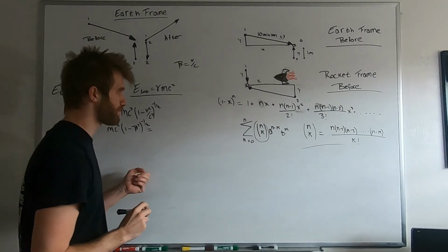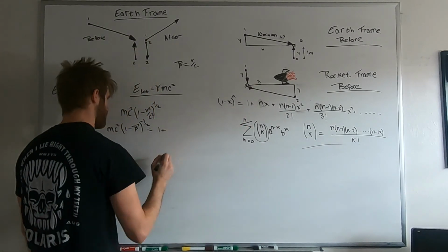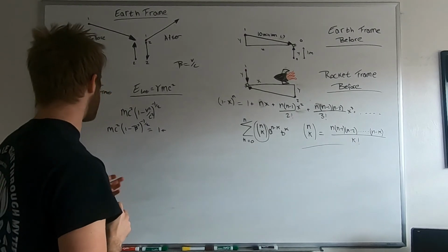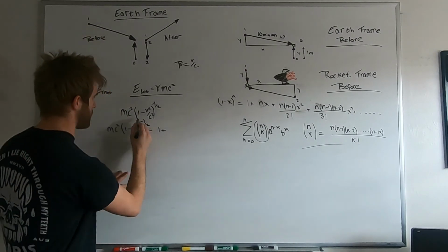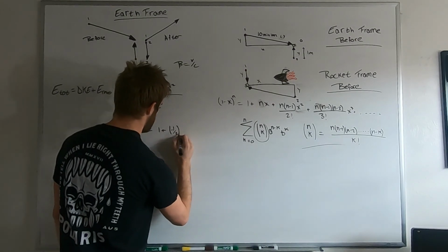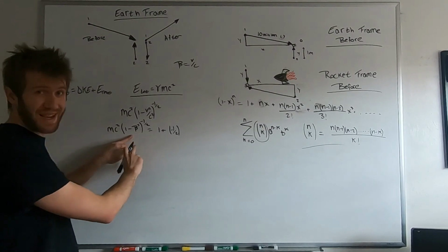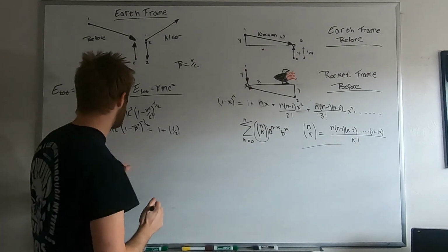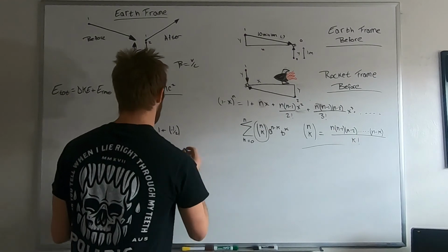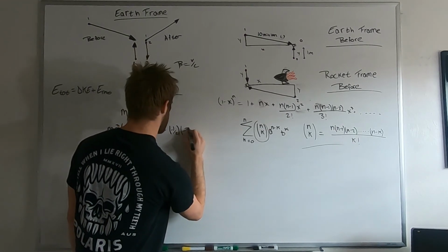So what do we get? Well, we got our 1. So 1 plus our n value. What is n? Well, n is just negative 1/2, times our x, which is minus beta squared.